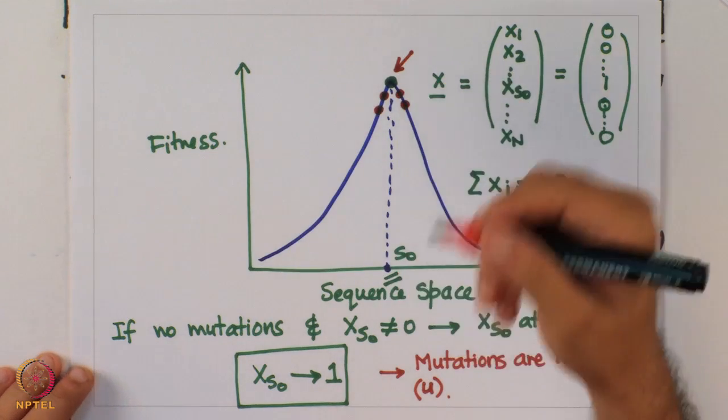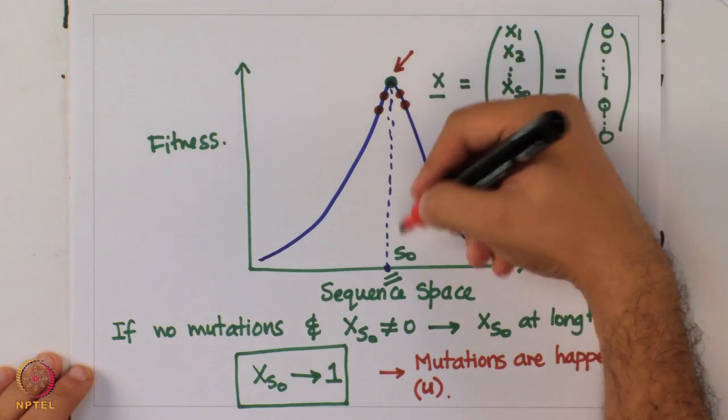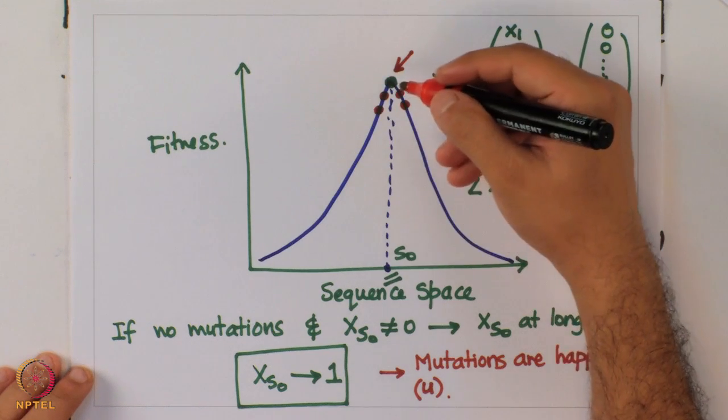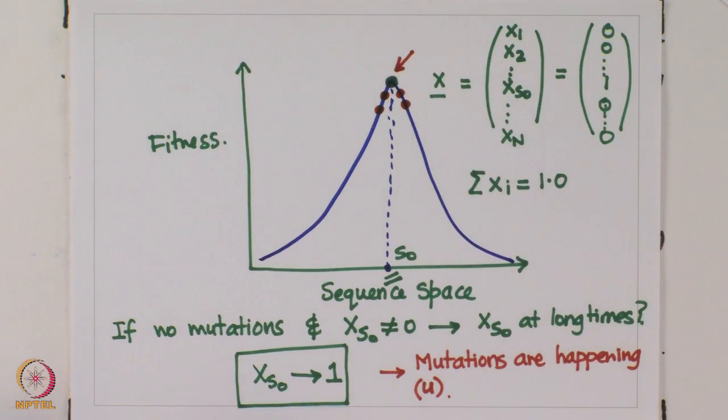Perhaps the majority of individuals would still be at a genotype corresponding to the maximum fitness, but because of this mutation rate, there will be a steady state spread about the peak of this fitness landscape. And this is what we had done in the quasi-species analysis that we did a couple of lectures back.